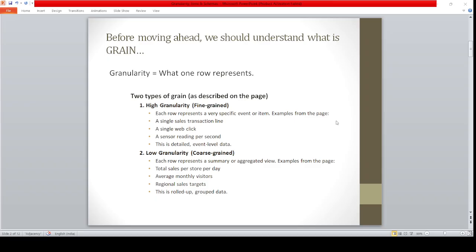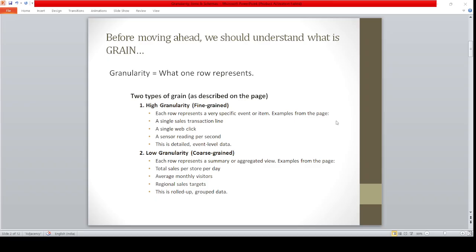And if the data represents sales per year, it represents the aggregated value of all sales that happened each year. It does not represent a very detailed format, so it has low granularity. Understood?